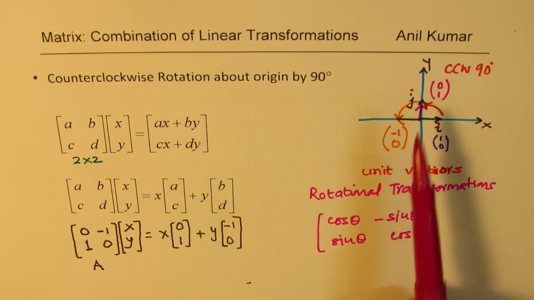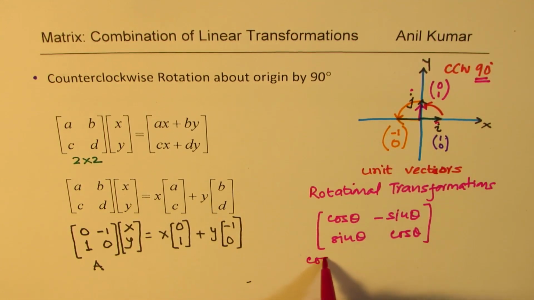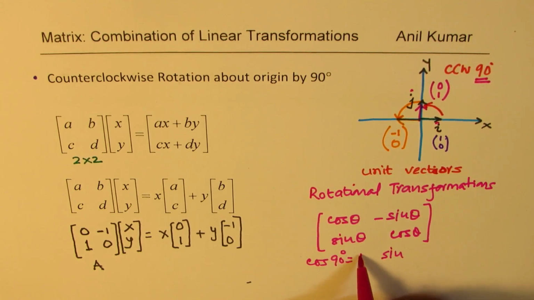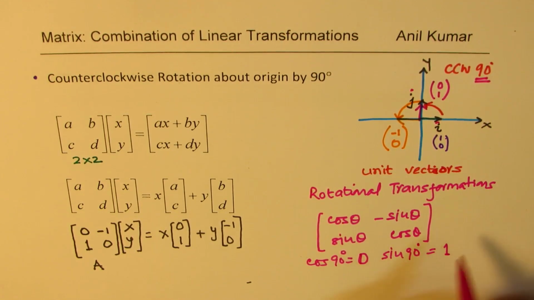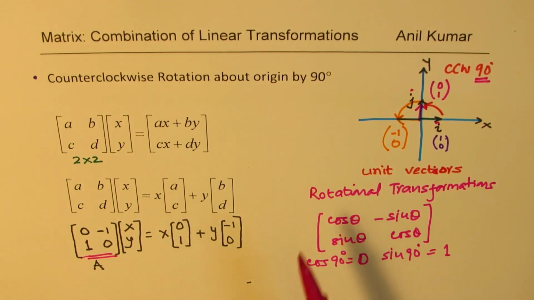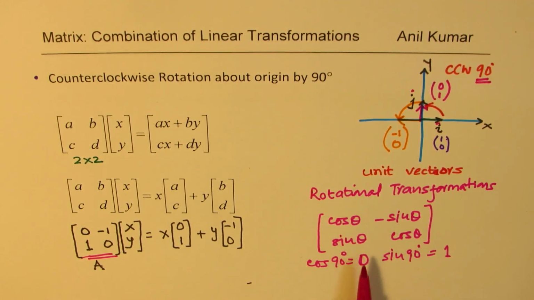You will note that if the angle is 90 degrees, cos of 90 degrees is 0 and sine of 90 degrees is 1, and if you place the values, you will get exactly the same matrix, correct? So many times we generally use the rotational transformation as cos theta, minus sine theta, sine theta, cos theta. That helps if the angle is something else, maybe 45 degrees, we can always place those values and get the result.